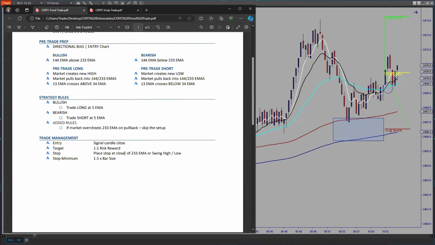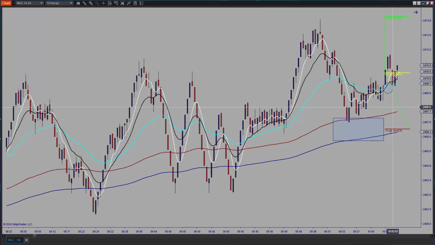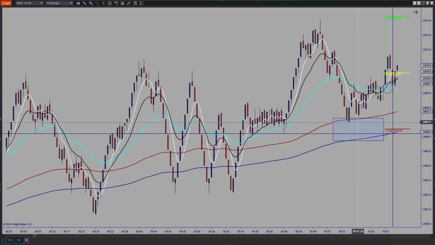1-to-1 risk reward. Place the stop at the closer of the 233 or the swing low at this time. So this is where we are entering. Our 233 is here. Our swing low is there. It's kind of somewhere in the middle, right?